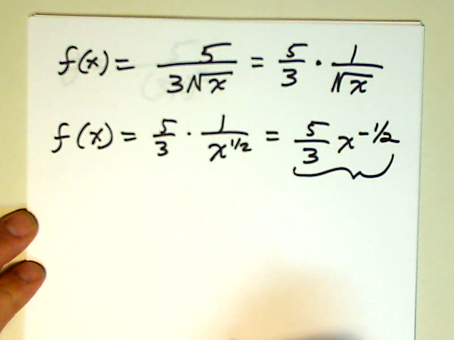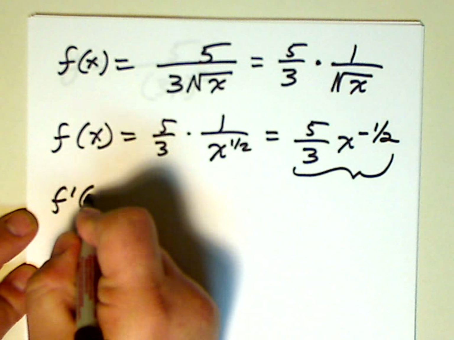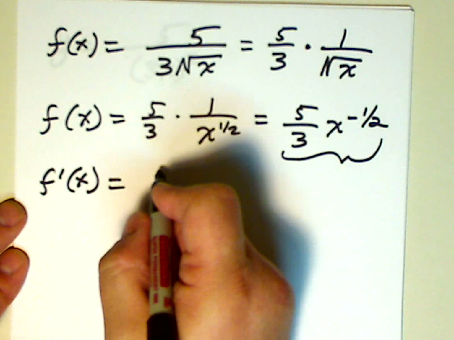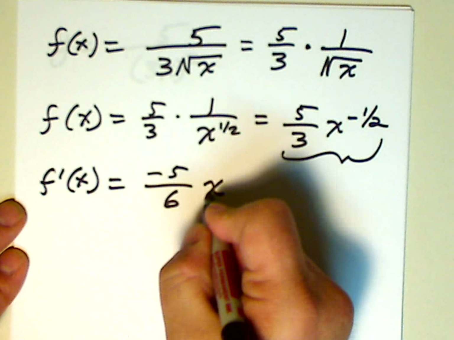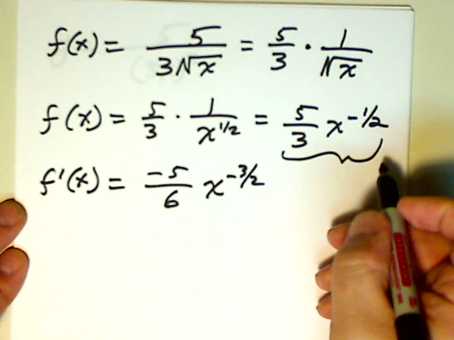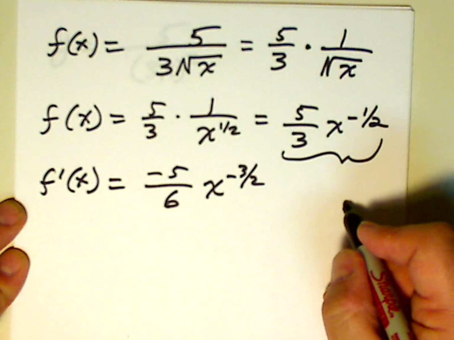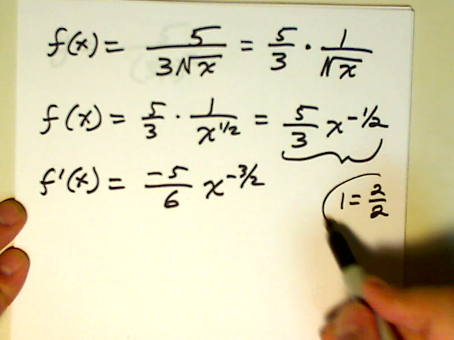And here's the piece we're differentiating. So f prime of x is equal to negative 1/2 times 5/3, which is negative 5 over 6, x to the negative 3/2. Remember, we're subtracting 1 from the exponent, and 1 can be rewritten as 2 over 2.